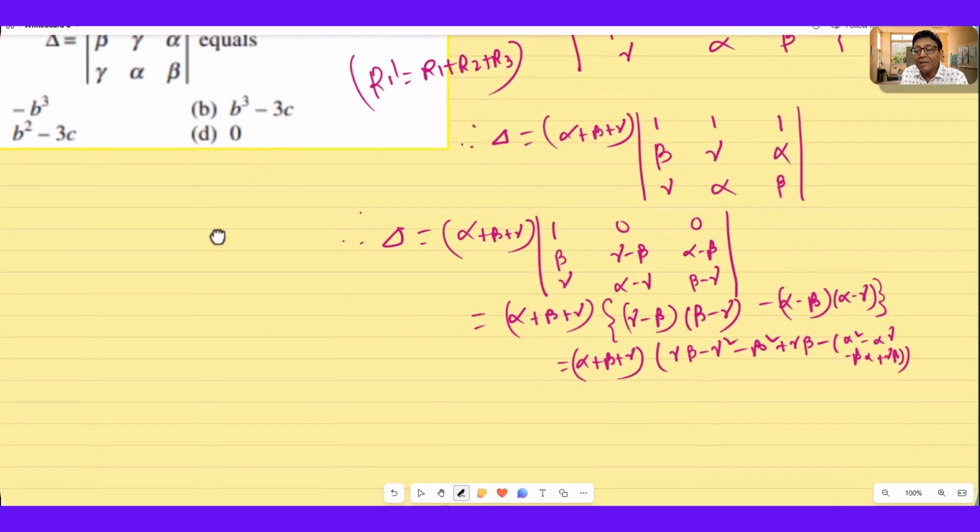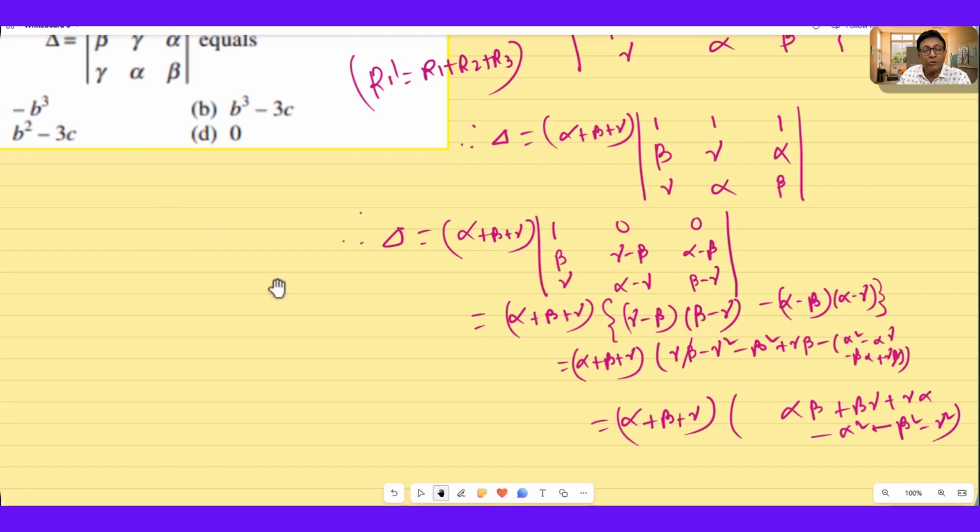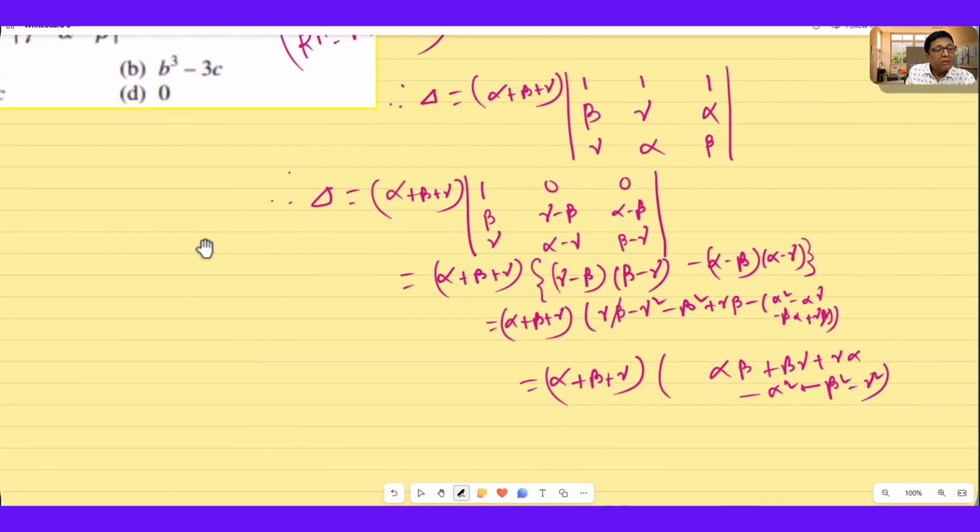So one gamma beta gets cancelled from here and here. This is alpha plus beta plus gamma and then alpha beta, beta gamma, gamma alpha minus beta square minus gamma square. So what do you get finally? The delta is going to be equal to alpha plus beta plus gamma, and this thing.